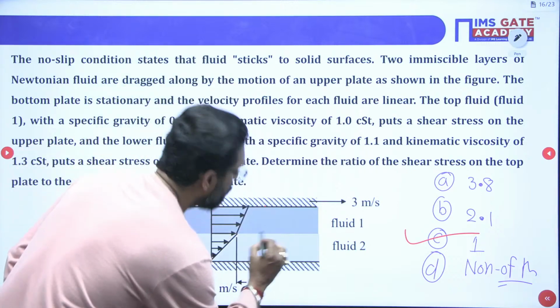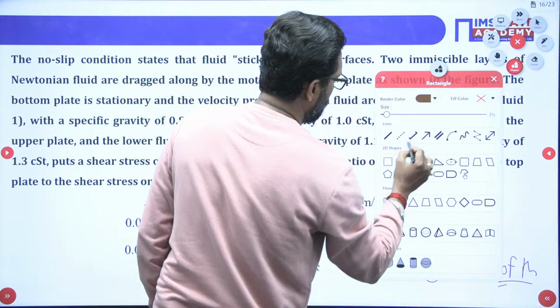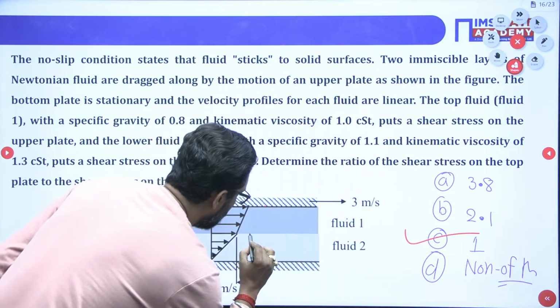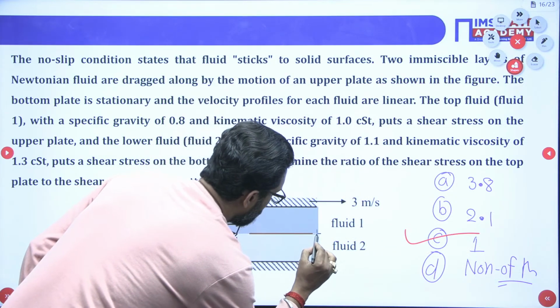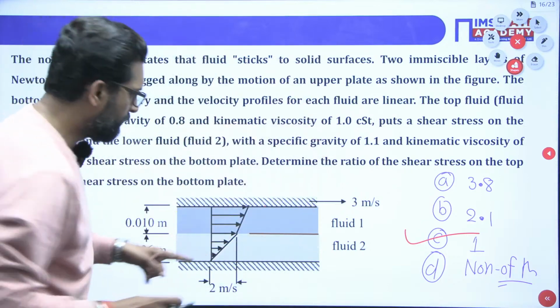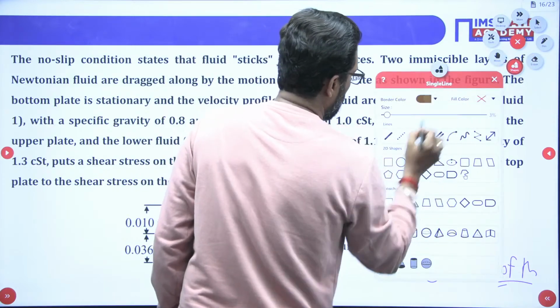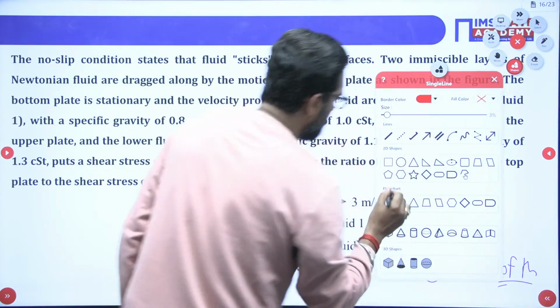So if this is your imaginary layer, I will just discuss the mechanism here. Let's suppose this is your layer.